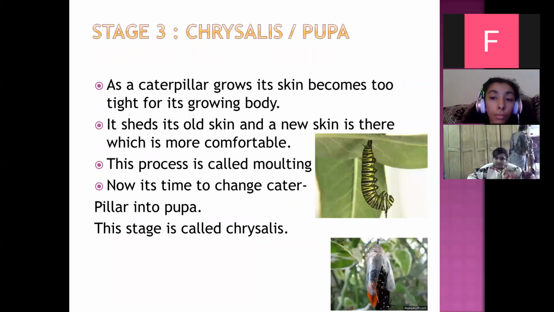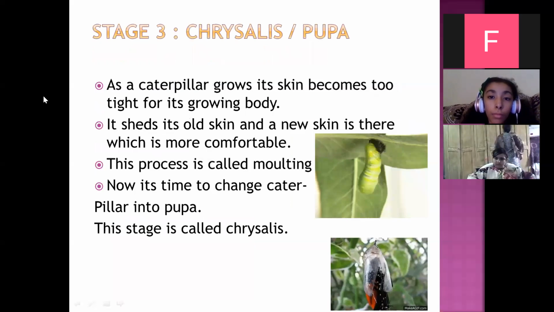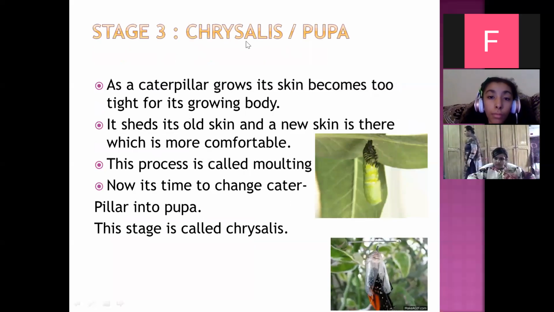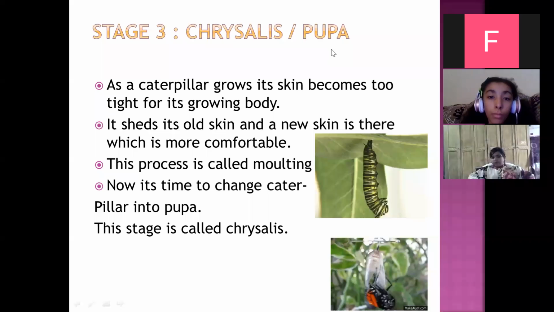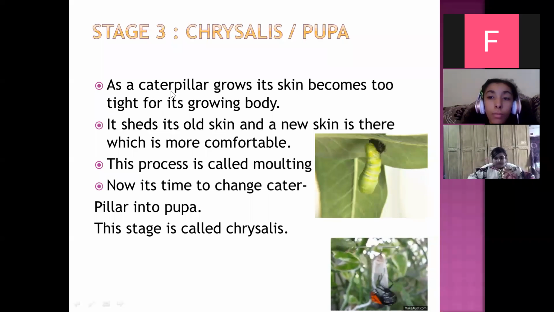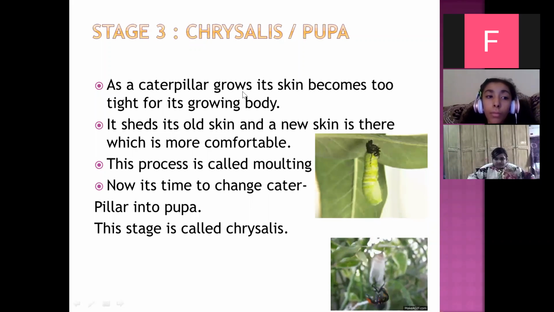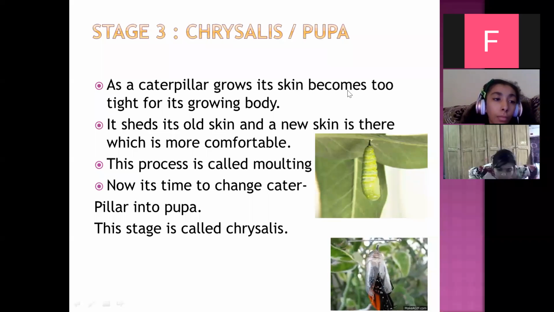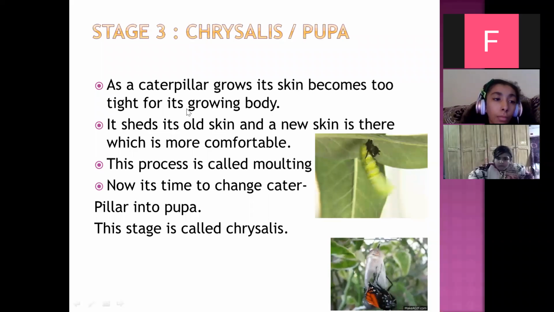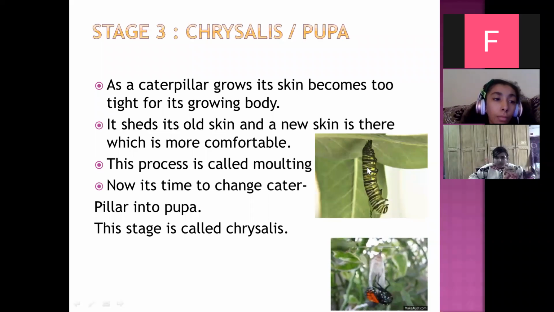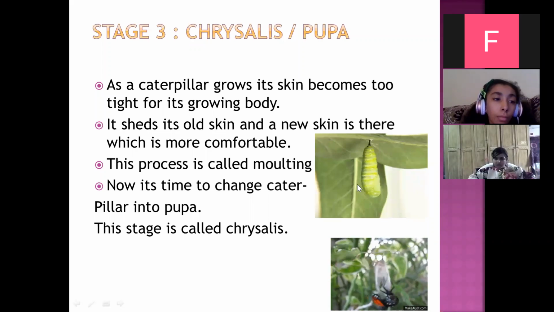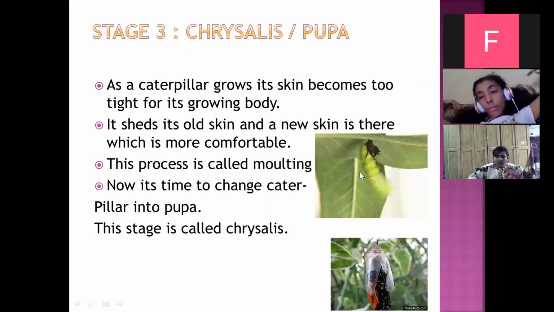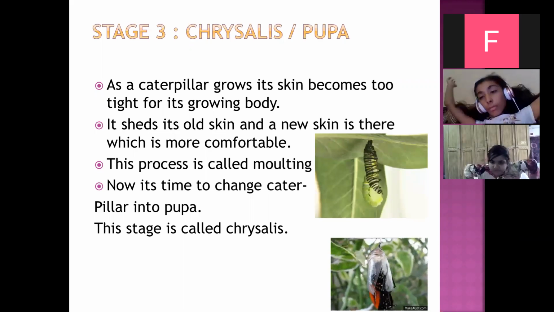Then after that, the third stage is the stage of chrysalis or pupa. Okay. So as a caterpillar grows, as I have shown you in the previous slide, its skin becomes too tight for its growing body, that you can see in this picture that it keeps shedding its outer skin.